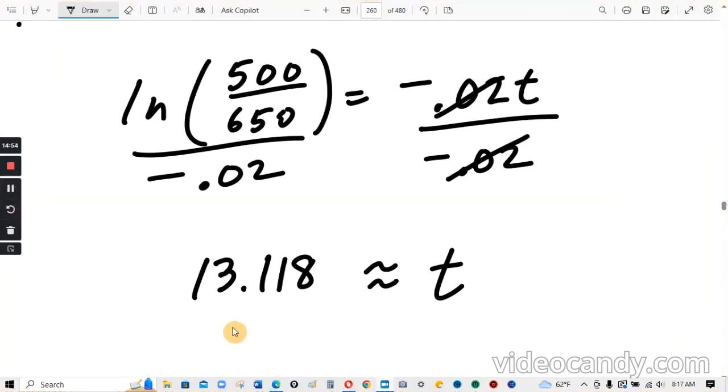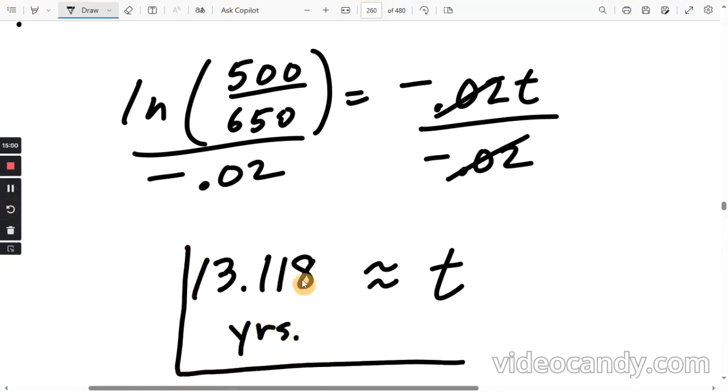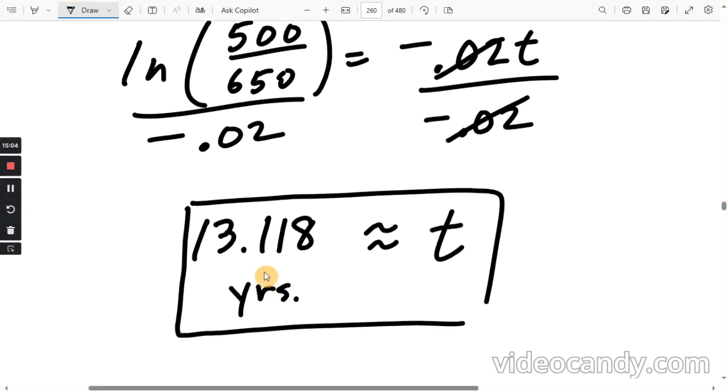All right, so the units were in years. So that's basically it. Again, if you wanted days, take the 0.118 and multiply it by 365, and you'll get 13 years and however many days.